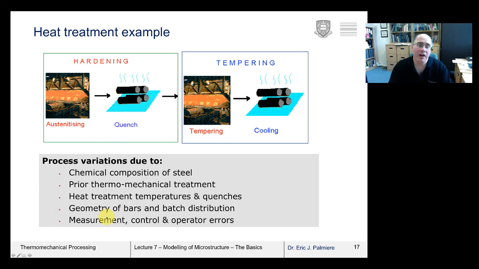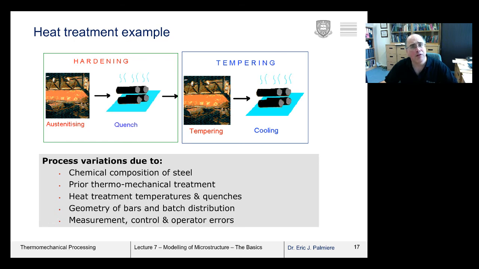On top of all of that, we have measurement errors. So how accurate are we in terms of our temperature measurements, our measurements of wall thickness, our control operator errors? What time of the year was the steel fabricated at the plant? What shift? Was it shift 3? Was it shift 1?